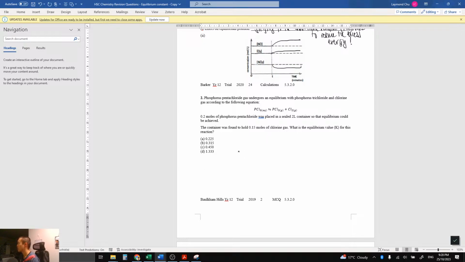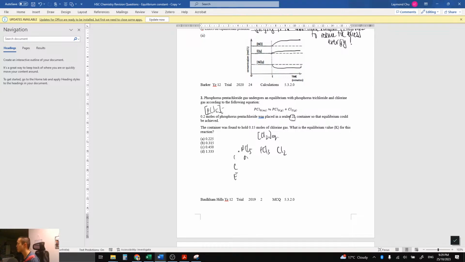So that means we need to first work out our moles, so this is our initial PCl5. We assume this to be our Cl2 at equilibrium. But then we can work out the concentration with our 2-liter vessel, so we can do our ICE table. So our ICE table is this.